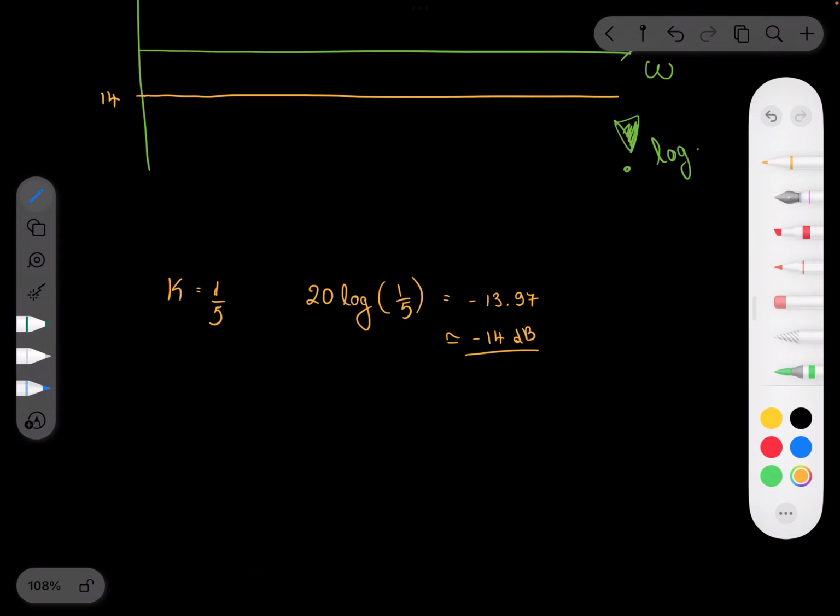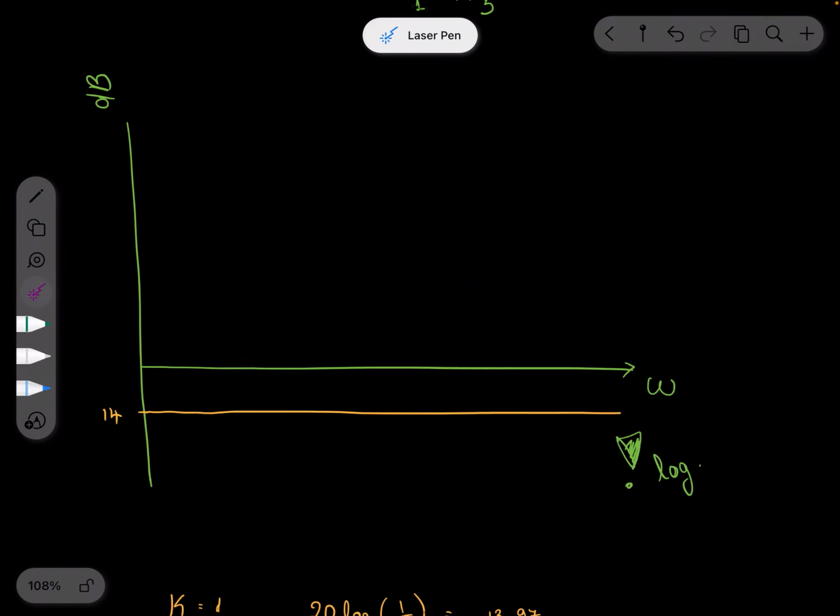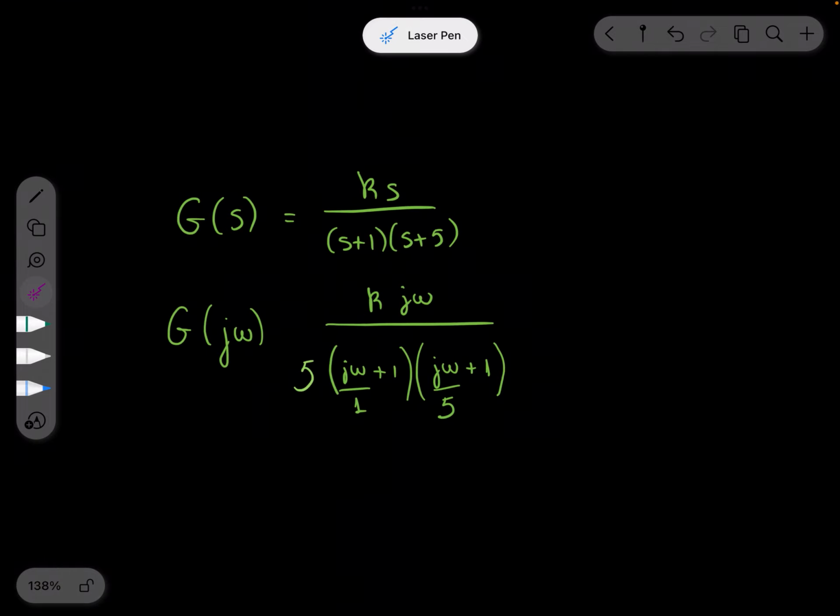But where we will be having slopes is where the S's come in. So poles, zeros, J omegas, whatever you want to call them. For a value of S, you'd have plus or minus 20 decibels as your slope. For S squared, plus or minus 40 decibels for quadratics, but that's not the case now. So we've done K. Next up, let's look at J omega, which is basically a 0.